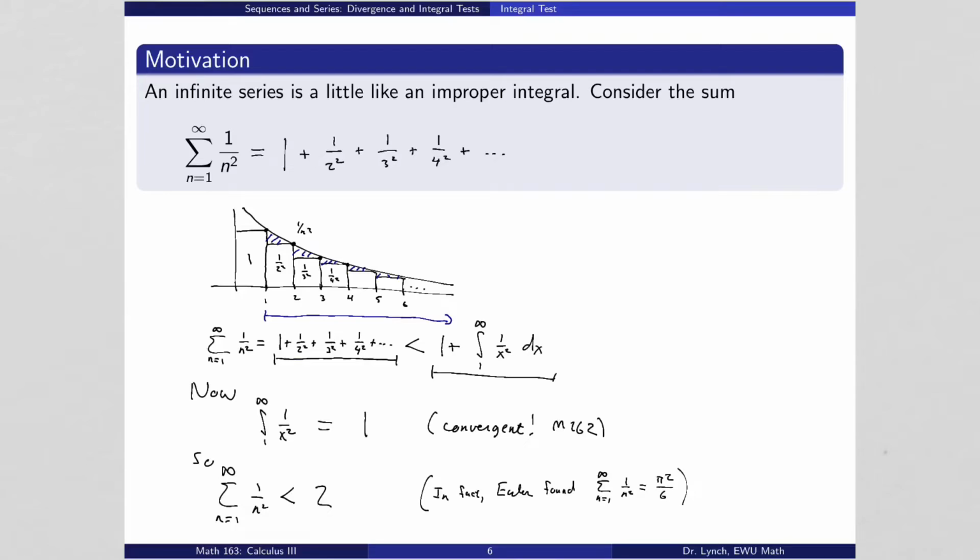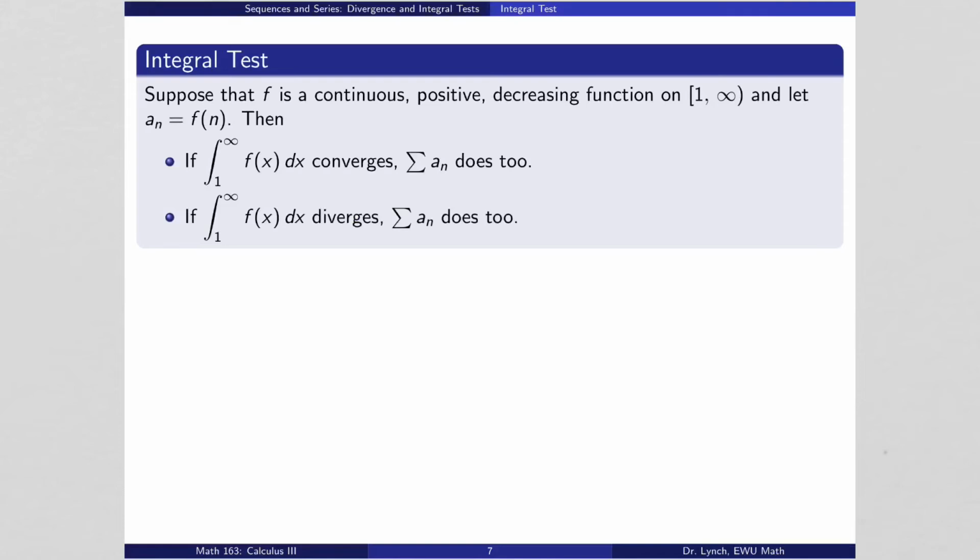Okay, so the idea here, and this is sort of the intuition behind the integral test, is that when you can cook up an improper integral that resembles our infinite series, the infinite series and the improper integral converge and diverge together. So that's the integral test.